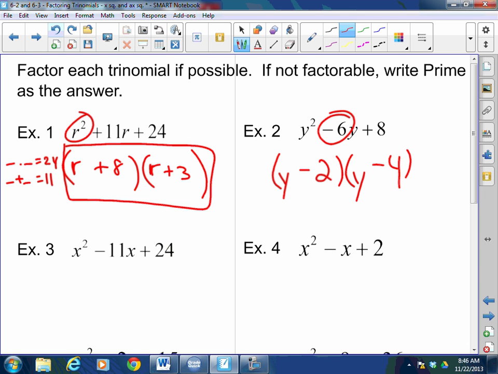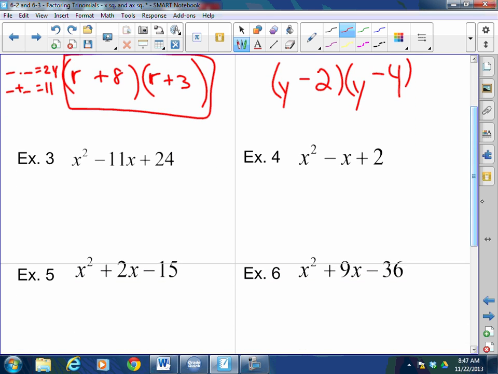It doesn't matter if you put the 4 here or here, because of the commutative property of multiplication. That allows you to multiply in different orders. 5 times 6 is the same thing as 6 times 5. So y minus 2 times y minus 4 is the same thing as y minus 4 times y minus 2. Does that make sense here, guys? Negative 2 times negative 4 is positive 8. Negative 2 minus 4 is negative 6. It works.